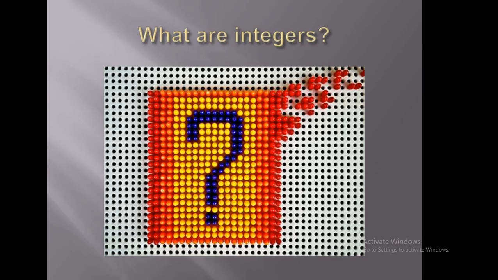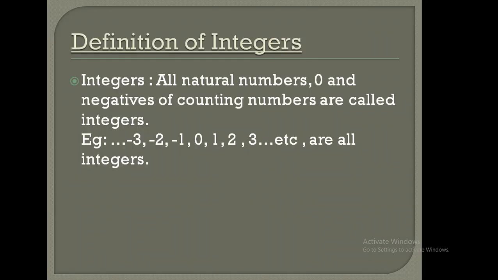Now we will move to the next slide, that is, what are integers. Here we have to understand the definition of integers. All natural numbers, 0, and negatives of counting numbers are called integers.